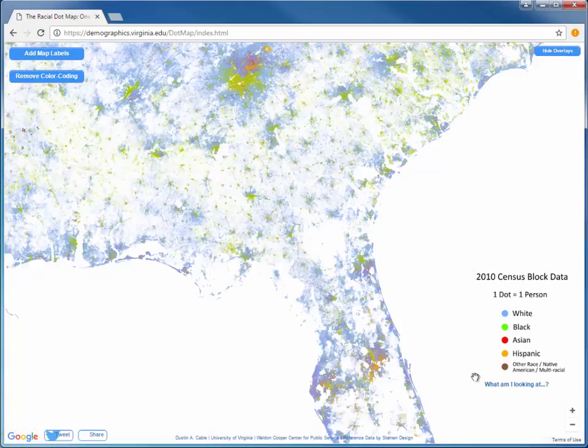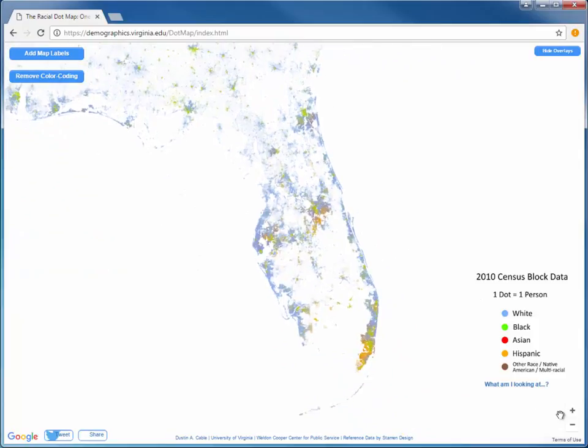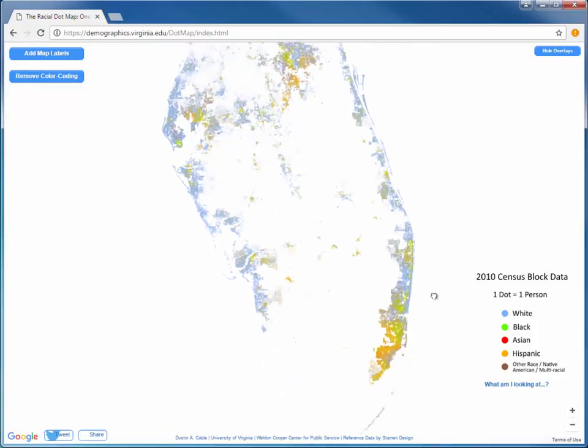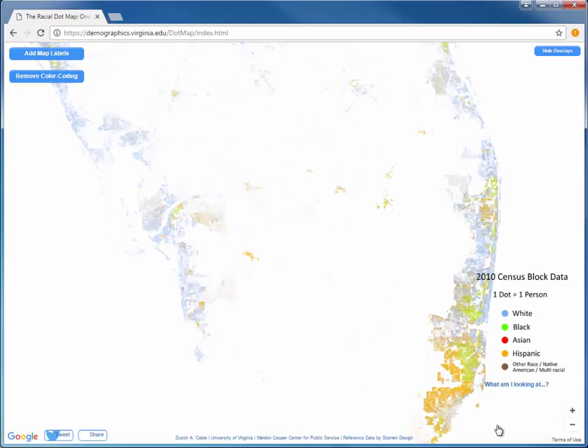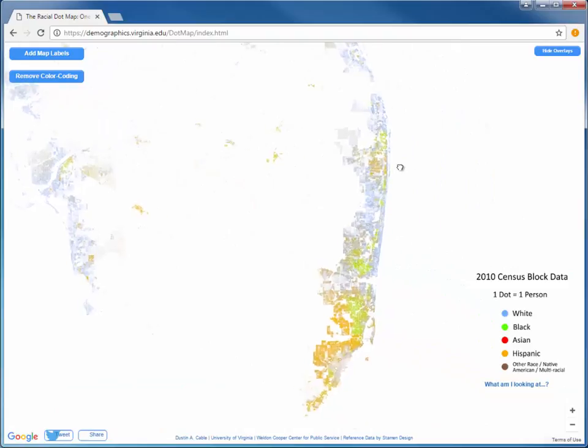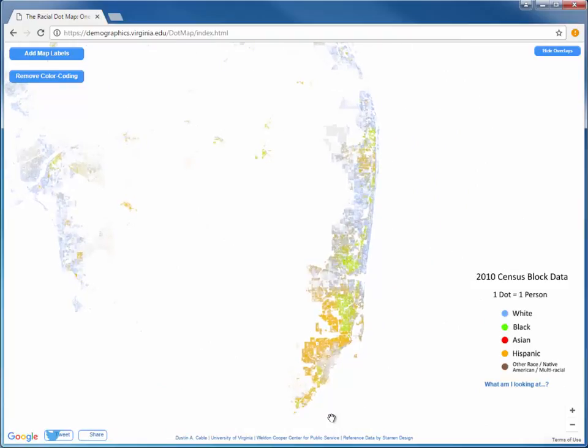we can take a look at different areas. So we'll take a look at Miami here that we were looking at previously. We can take a look at the different populations that are located along the Florida coast here, the southern tip of Miami, that has different backgrounds.